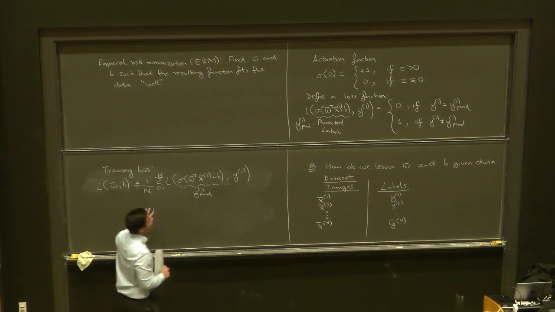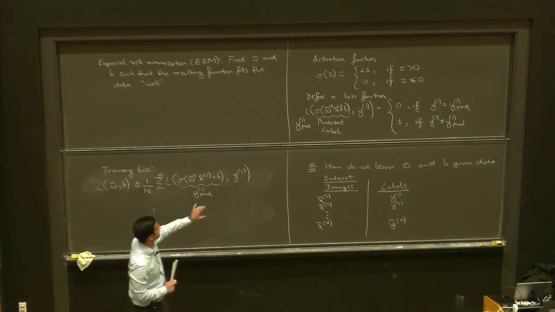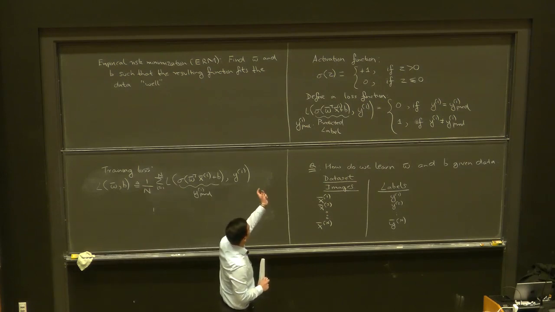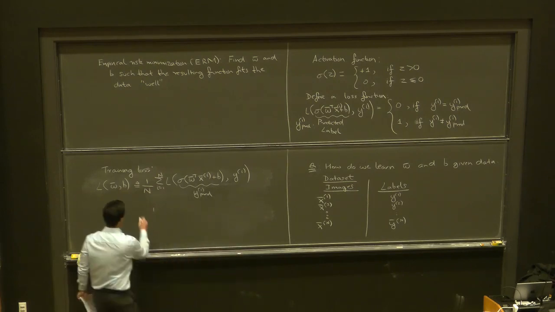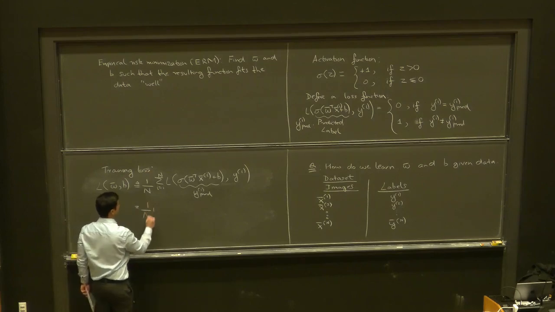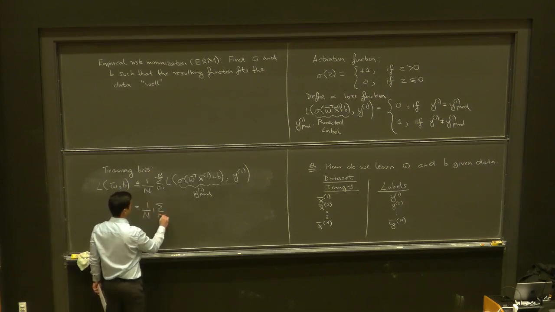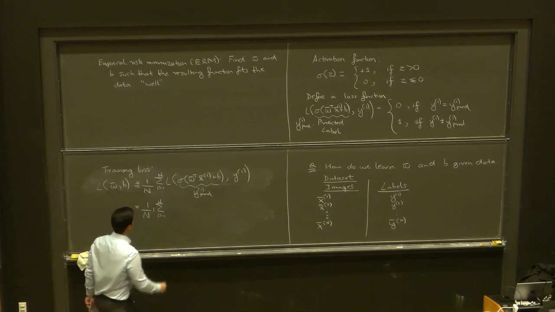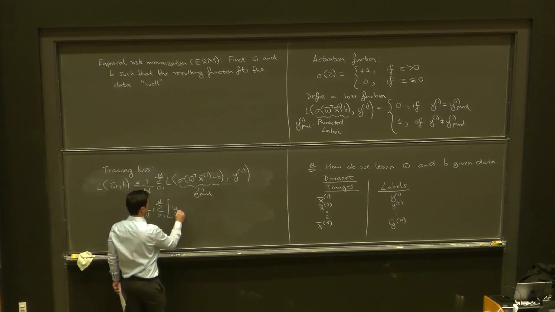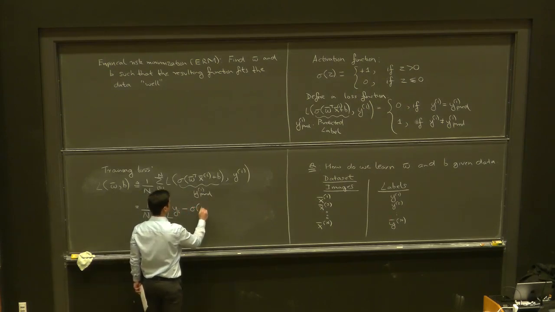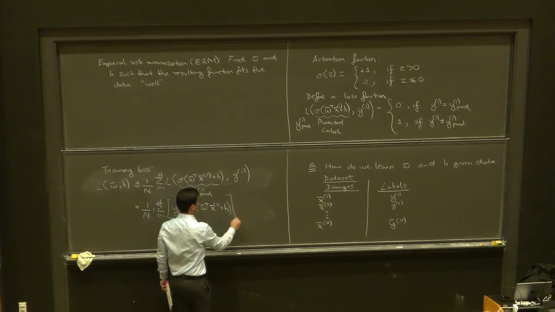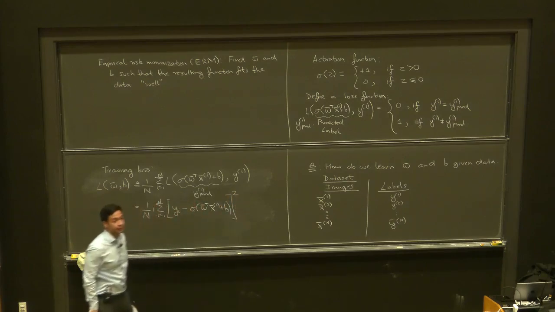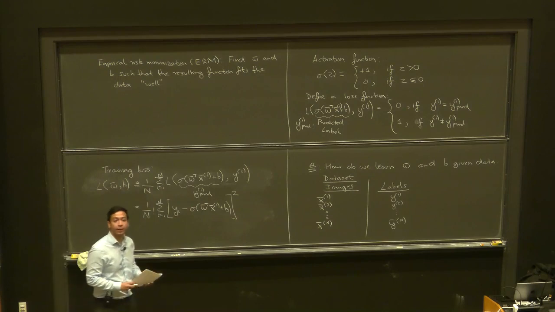Oh, I see. Yeah, so it would be equivalent. Since the activation just gives you 0 or 1, we can also write it like this: yi minus this thing squared. Yeah, it would be the exact same thing in this case. All right, other questions?